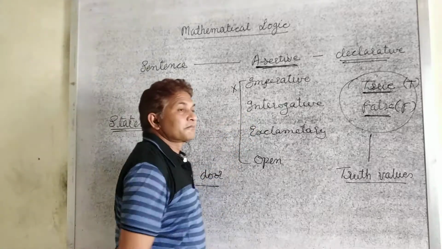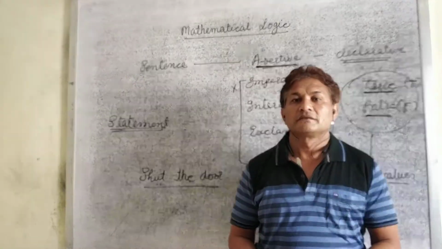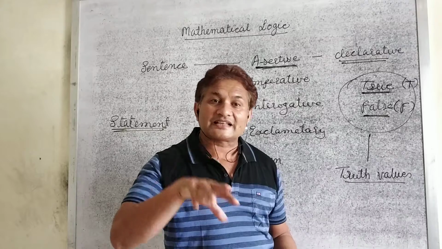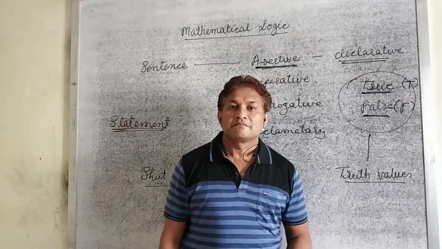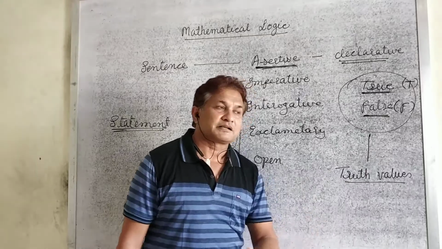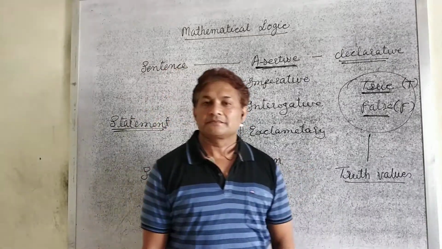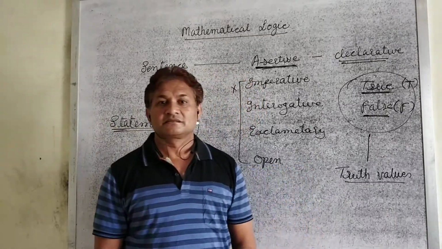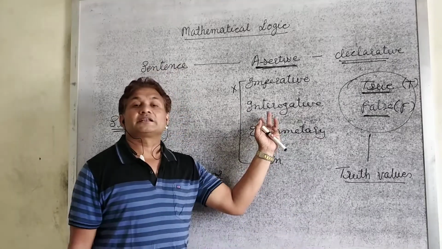Next, interrogative. What is meant by interrogative? The sentence where there is a question mark, a questionable sentence, is interrogative. What are the examples? What are you doing? Where are you going? These are interrogative sentences.